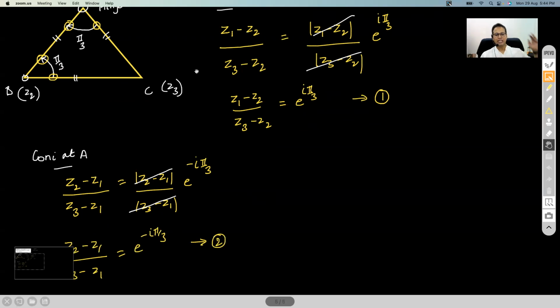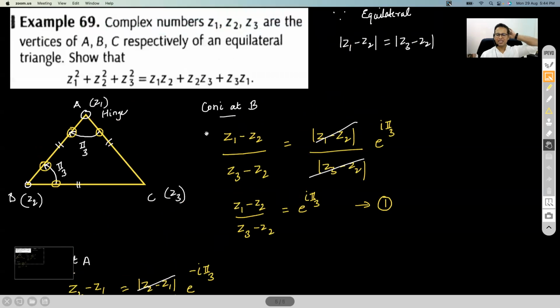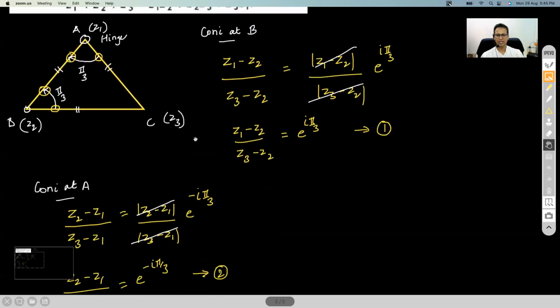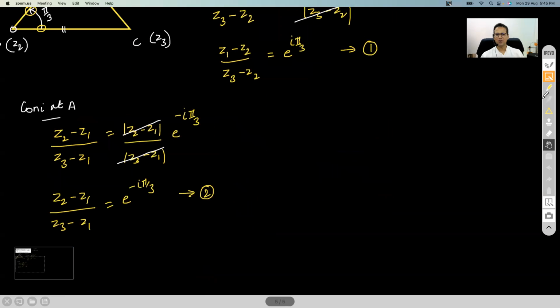Okay. Now, having got 1 and 2, can I do something with 1 and 2 so that I get this particular condition we need to show? In short, can you do something to eliminate this e to the power i pi by 3 from both the positions? You say, sir, simple, multiply 1 and 2.